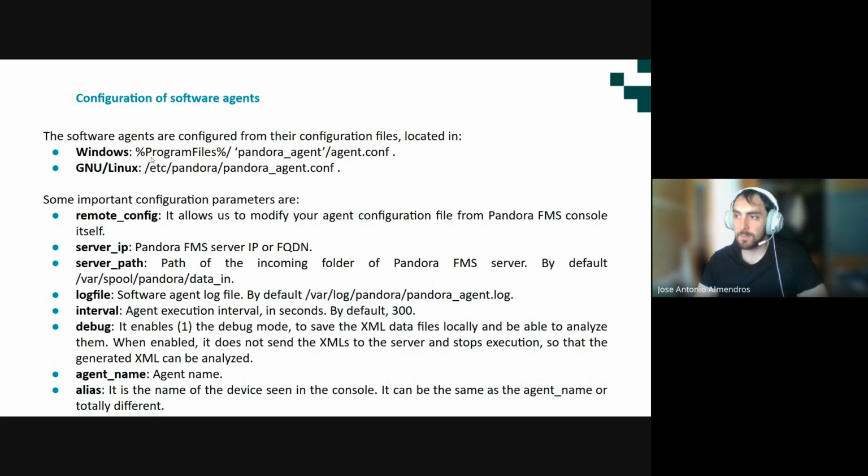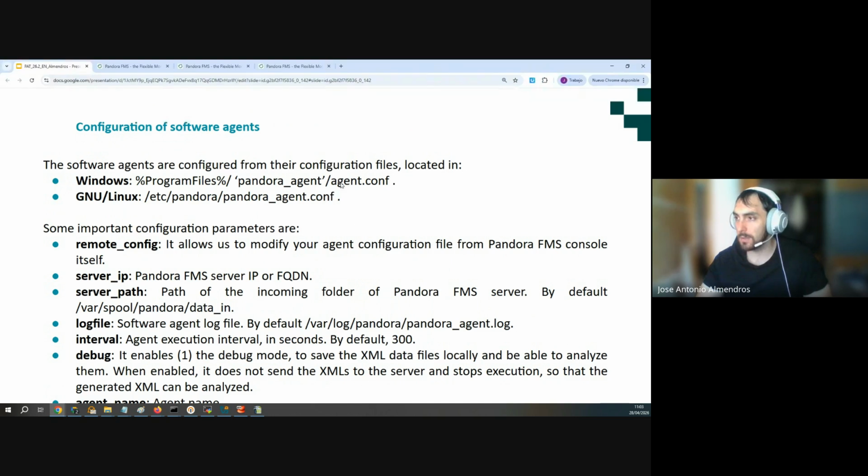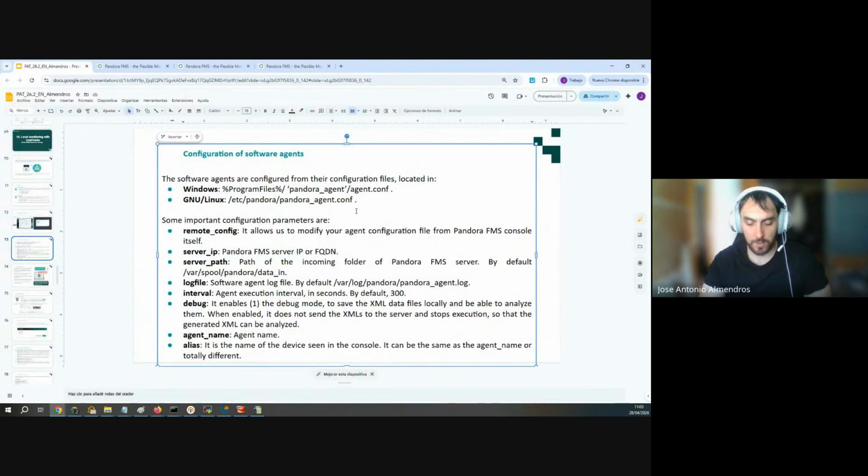For Windows systems, the default installation is Program Files, Pandora agent folder, and it is pandoraagent.conf, not agent.conf. And in Linux, the configuration file is in /etc/pandora/pandoraagent.conf.